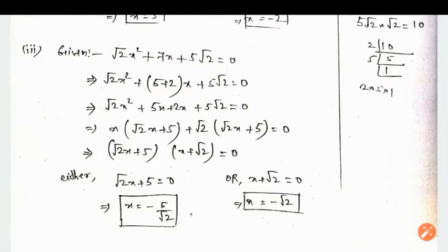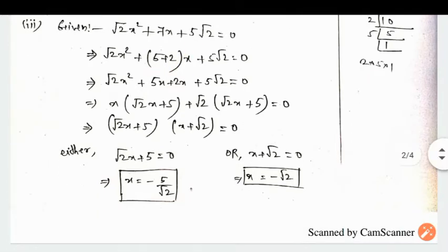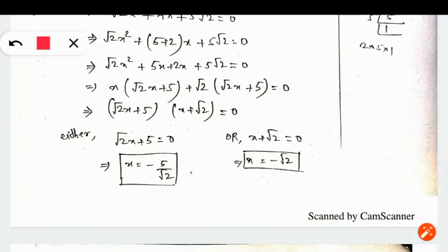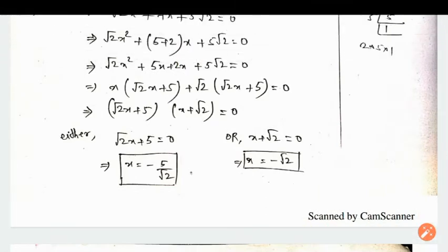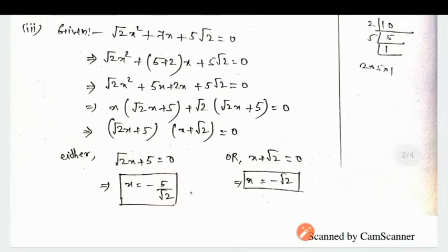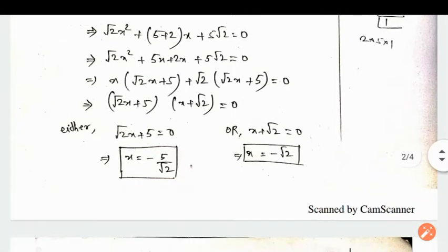Now how will we get 7? Obviously 5 plus 2. 5 ones are 5, plus 2 gives you 7. So, got it. Now what is the next step? Multiply this with x, right? So what you will get? 5x plus 2x. So after multiplication, what is the next process? Take common.